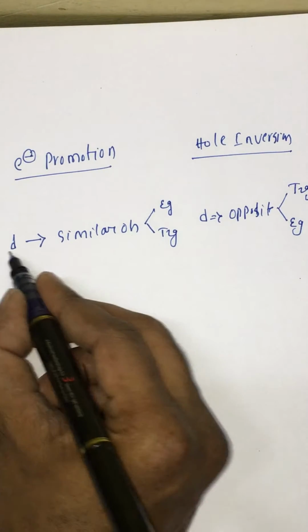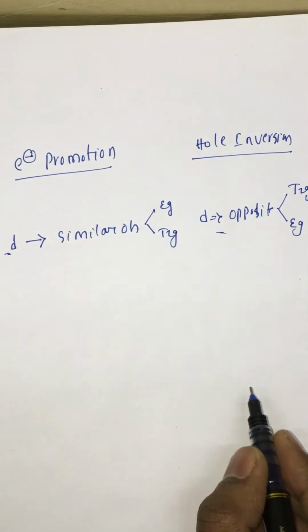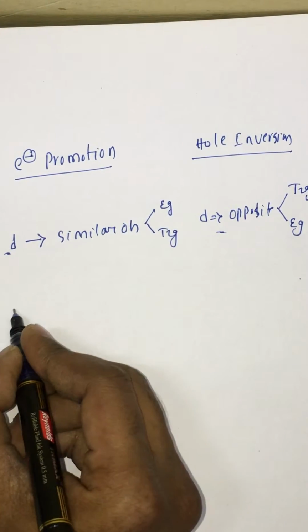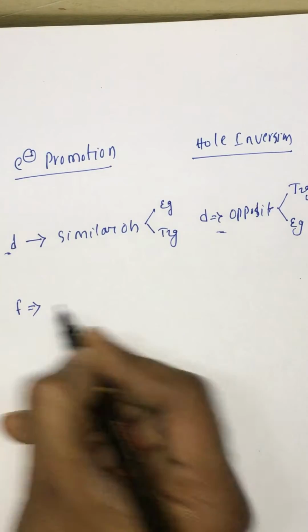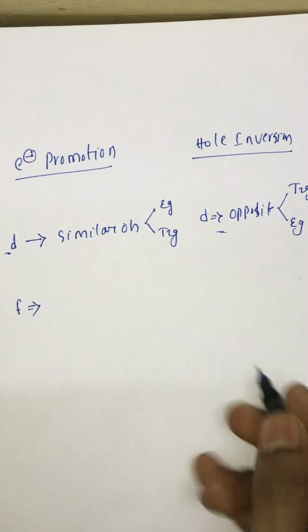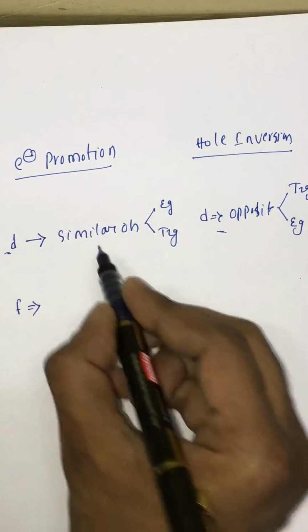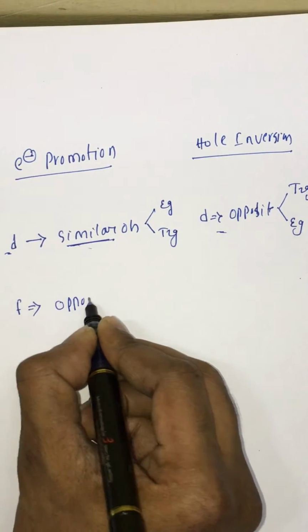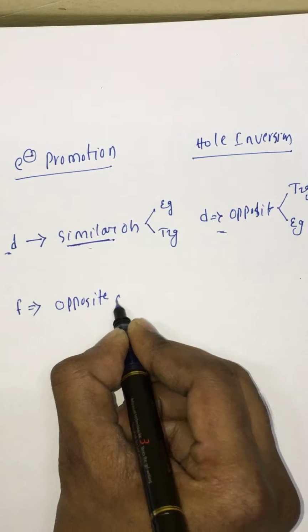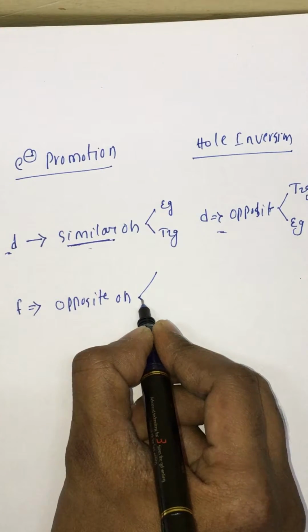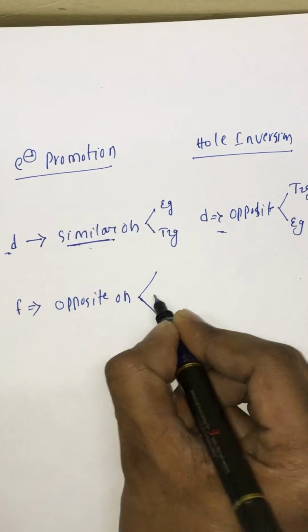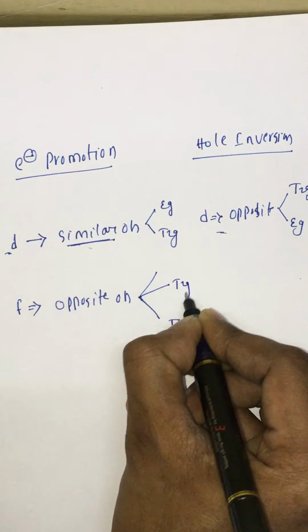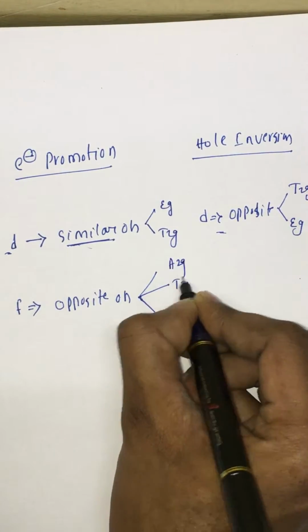Okay, this is about the D term. And now we will go for the F term. So it's just opposite to the D term. So here, similar, I said similar there, so just keep opposite here. Opposite to the octahedral field, that means this is T1G, this is T2G, this is A2G.